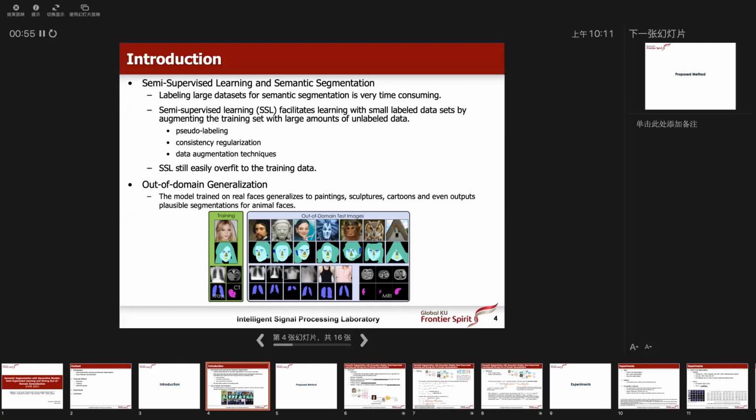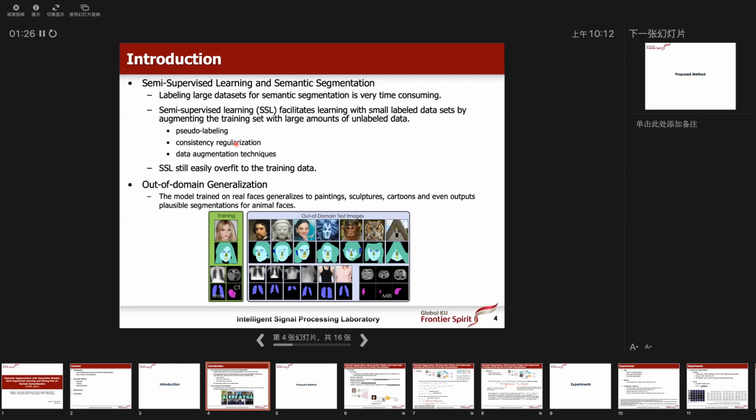Recently, some papers have proposed semi-supervised learning, to make the learning work with a small labeled dataset by augmenting the training set with large amounts of unlabeled data. The most widely used semi-supervised learning strategies include the following 3 strategies.